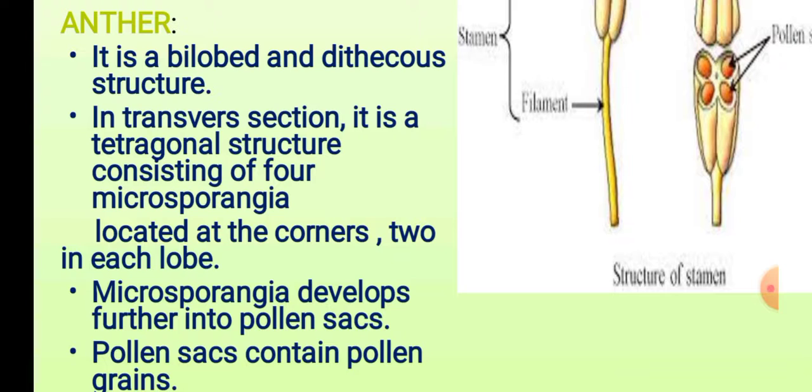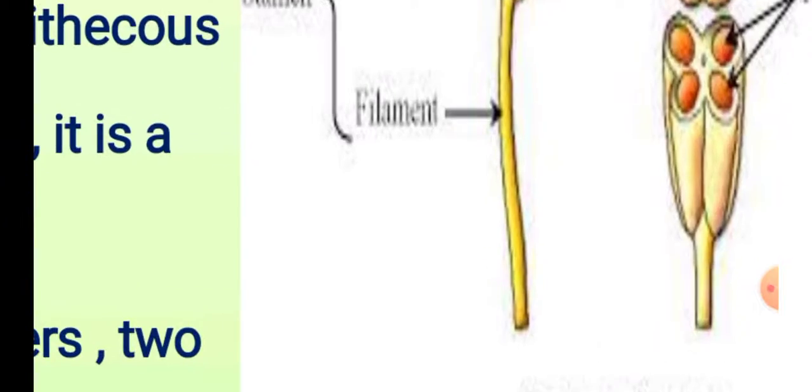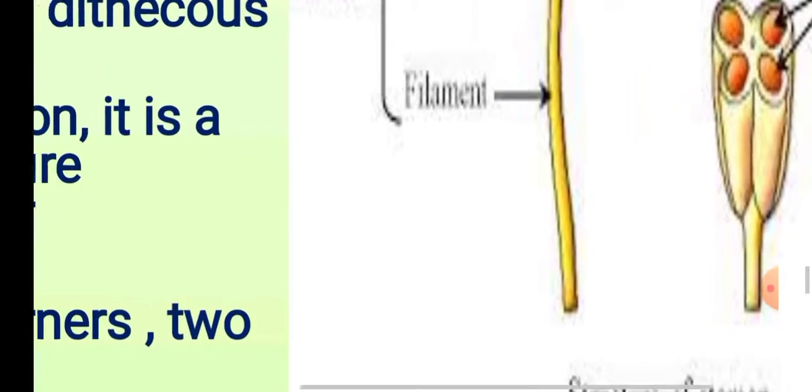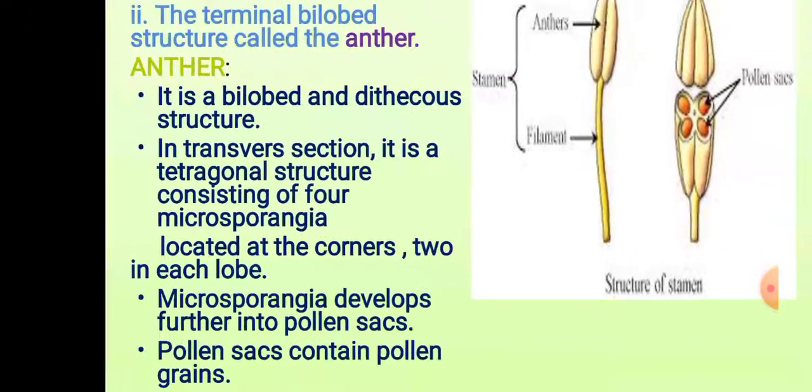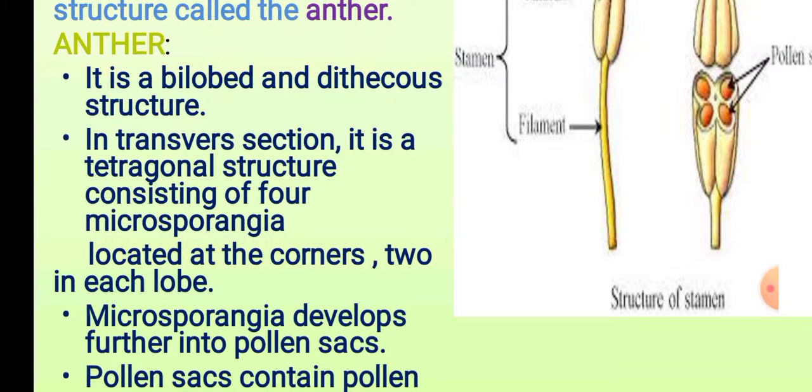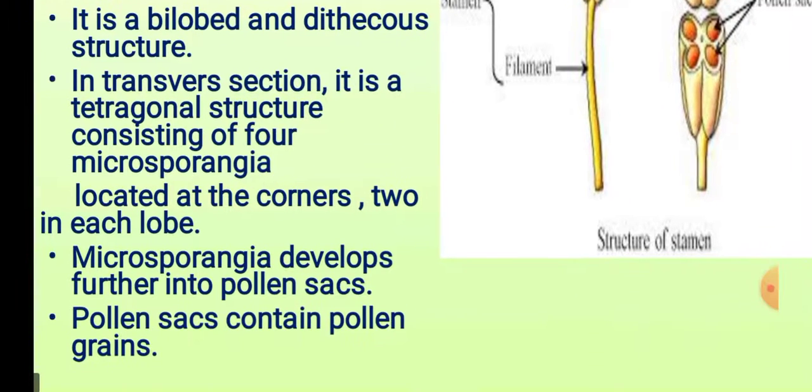You might have seen 4 microsporangia located at the corners, 2 in each lobe. Microsporangia develop further into pollen sacs. These pollen sacs develop pollen grains, which contain the male gametes.